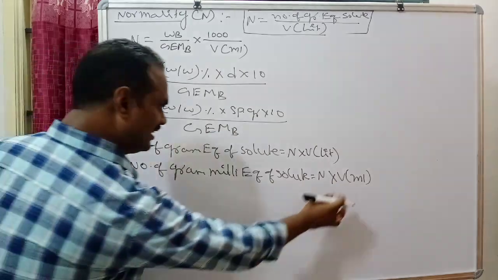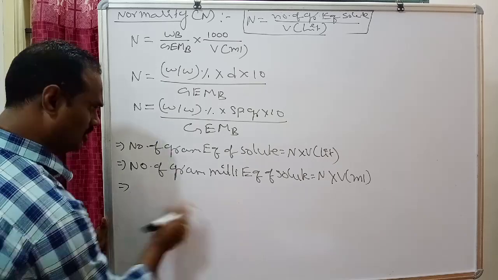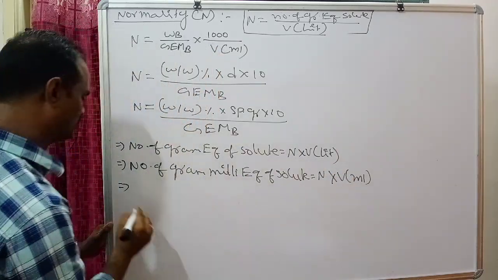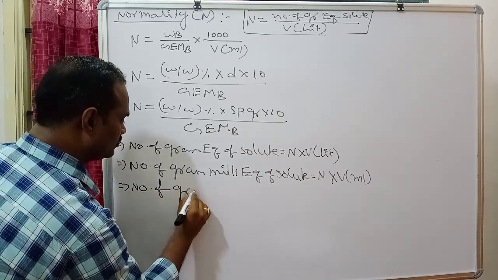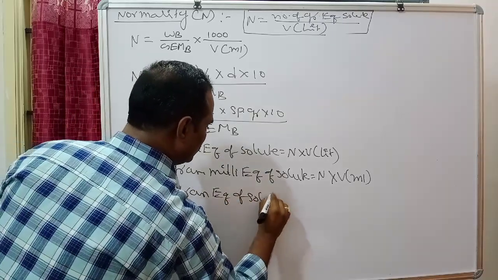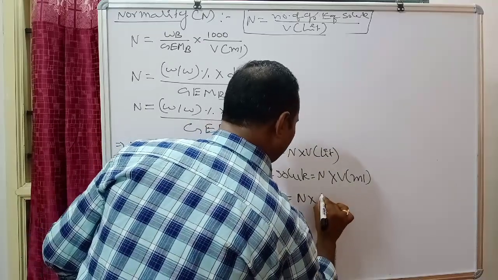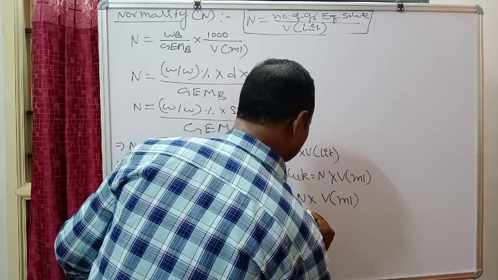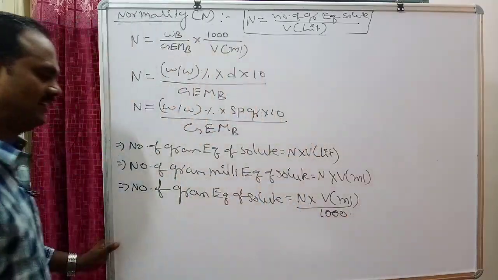Suppose volume in milliliters is given and gram equivalents are wanted. What you have to do? Convert milliliters into liters, that is, divide by 1000. Number of gram equivalents of solute is equal to normality into volume in milliliters by 1000.